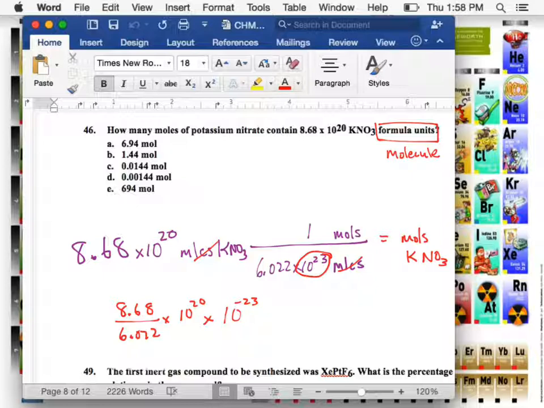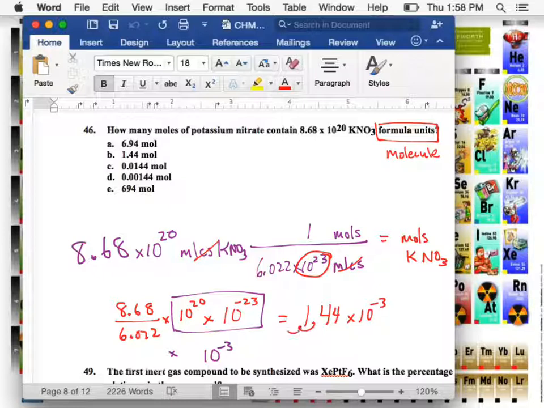I can simplify that to 10 to the minus 3. I do the calculation of 8.68 divided by 6.022 times 10 to the minus 3, and I have a feeling we get 1.44 times 10 to the minus 3, which is 0.00144.